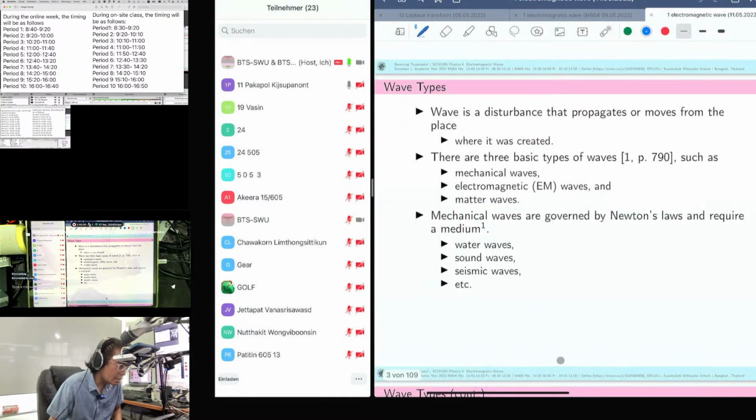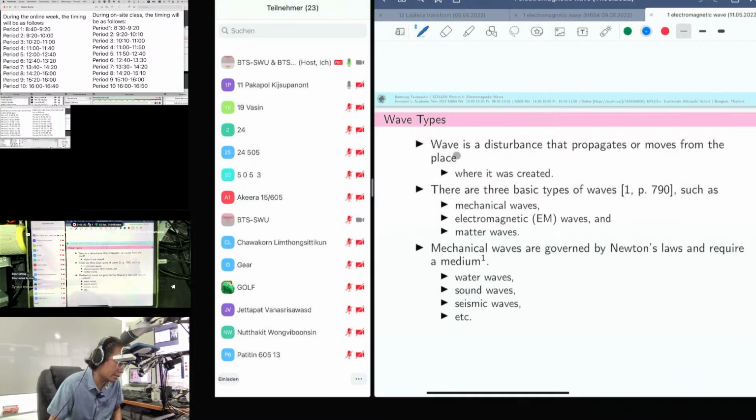Okay, the first topic is the types of the wave, right? As you have learned before in physics, you may have seen already the string wave, right? The wave that is caused by a string once you move the string up and down. Yeah, that's also a wave. You may have already seen the water surface in the ocean or at the sea, and that's also a kind of wave.